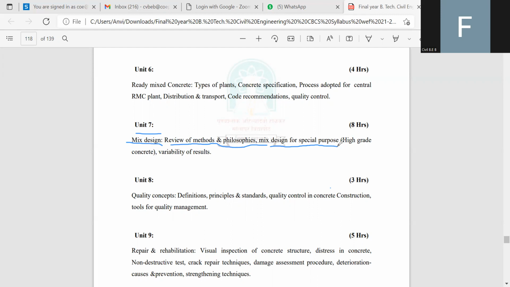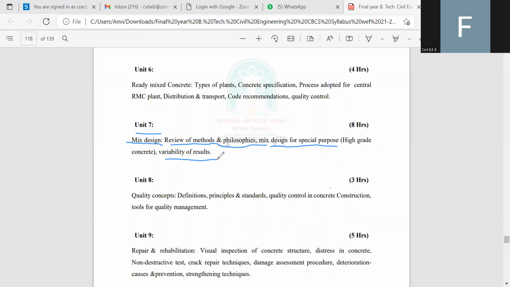So how to do the mix design? As I discussed, if there is a theory examination, there will be an 8 to 10 marks mix design problem, and you have to solve that problem in the examination. So we will solve this problem in this unit, and we can prepare high grade concrete.